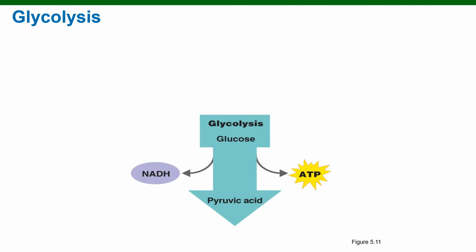Glycolysis is the first step in aerobic respiration. And here is a very simplified figure taken from our text that shows 1 molecule of glucose entering in, and then we'll label that 2 pyruvic acid molecules, also known as pyruvate, come out, and we have 2 molecules of ATP that will be netted total out of this process, as well as 2 molecules of NADH.